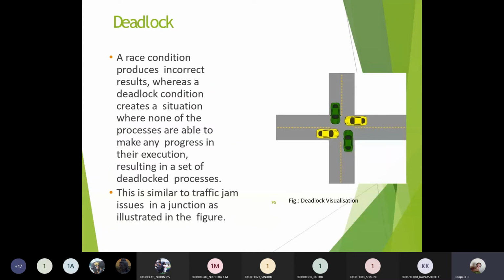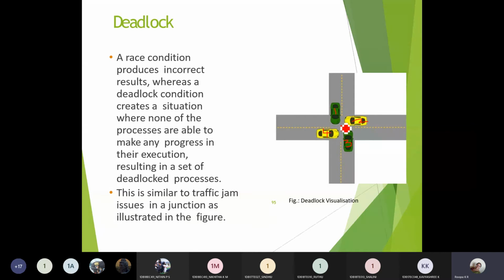Next you have deadlock. What do you mean by deadlock? Deadlock is a situation where you have more than one process, a multi-process, utilizing the same resource. Suppose this is process 1, this is process 2, 3, 4. All the processes have requested the same resource.